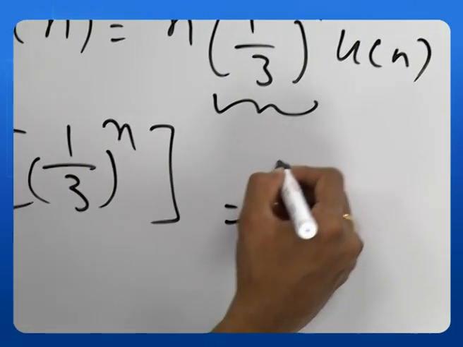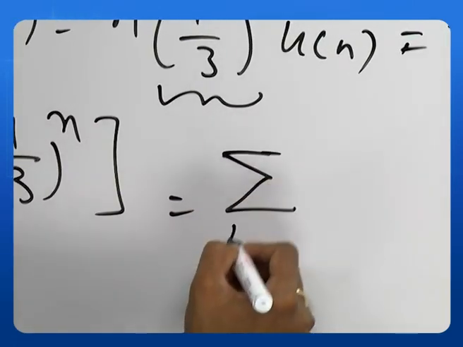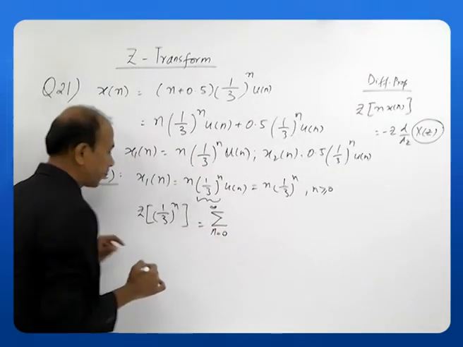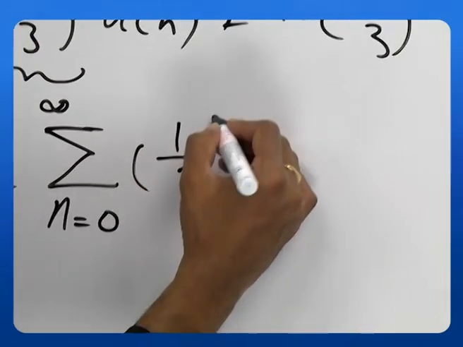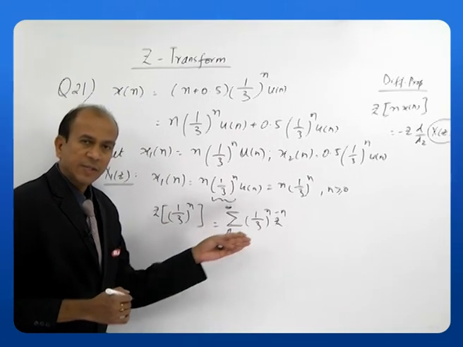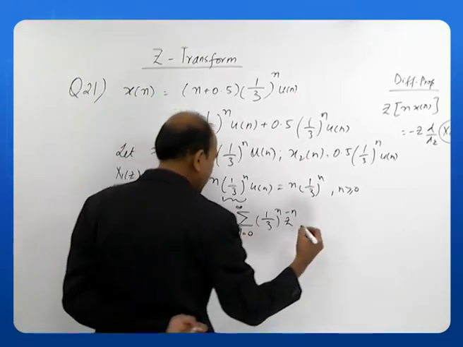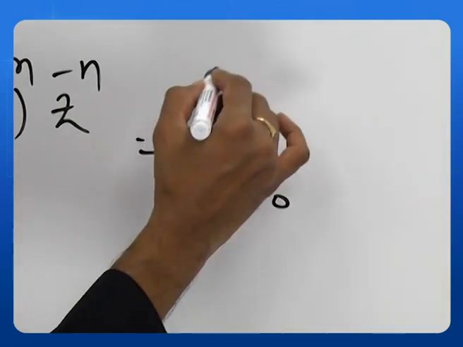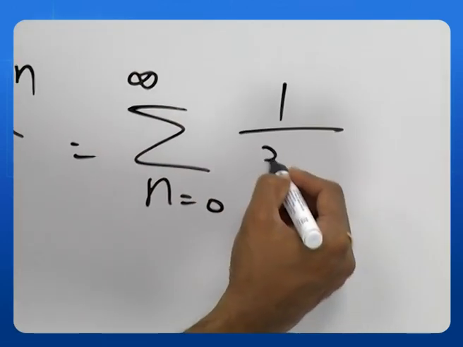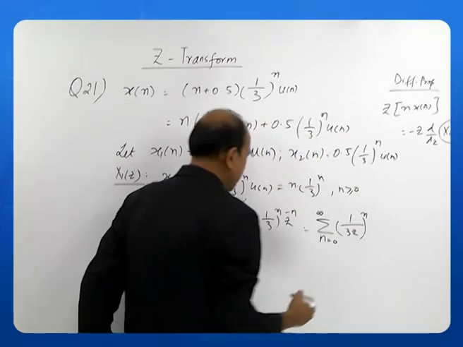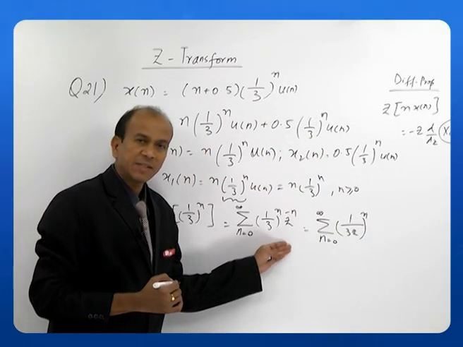It means summation from, we know it's starting from 0, so 0 to infinity, 1/3 to the power of n, z to the power of minus n. Let us simplify this further. So I can write this as summation n is equal to 0 to infinity of 1 by 3z to the power of n.